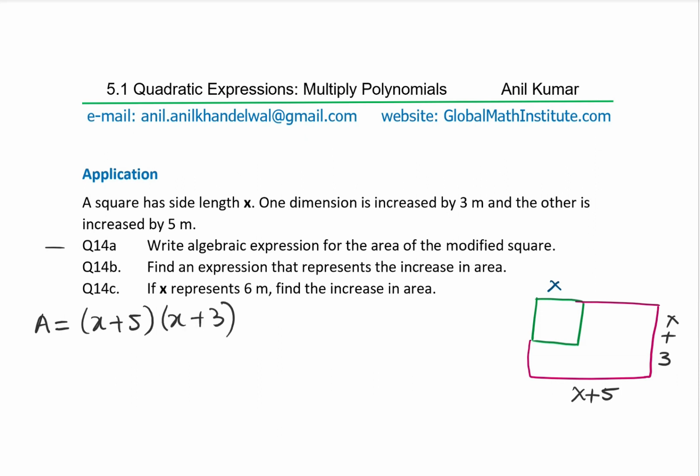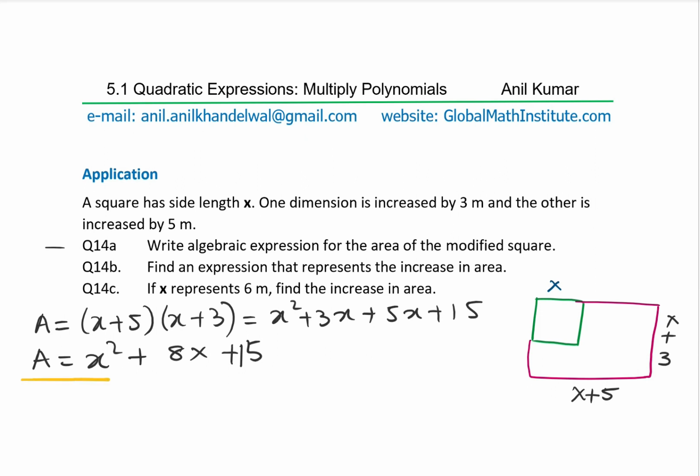So when you multiply, you get x squared plus 3x plus 5x plus 15. And you can write this as x squared plus 5 and 3 is 8, plus 15. So that becomes part A, area of the modified square.